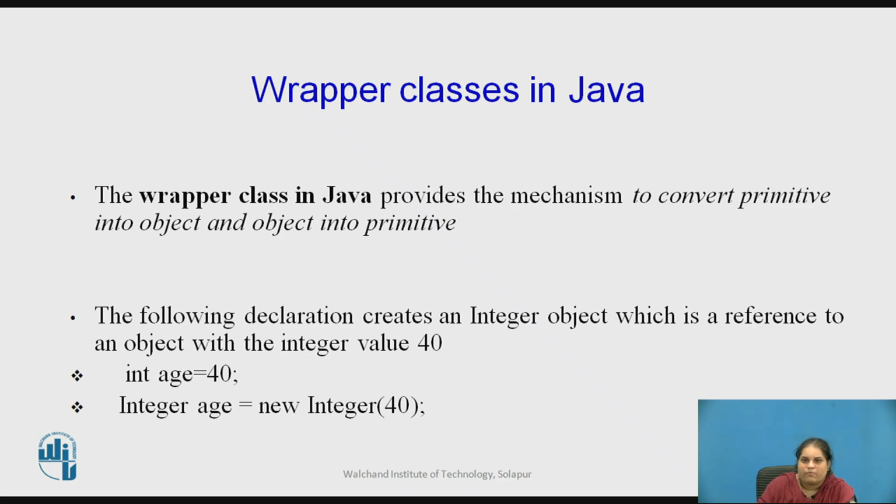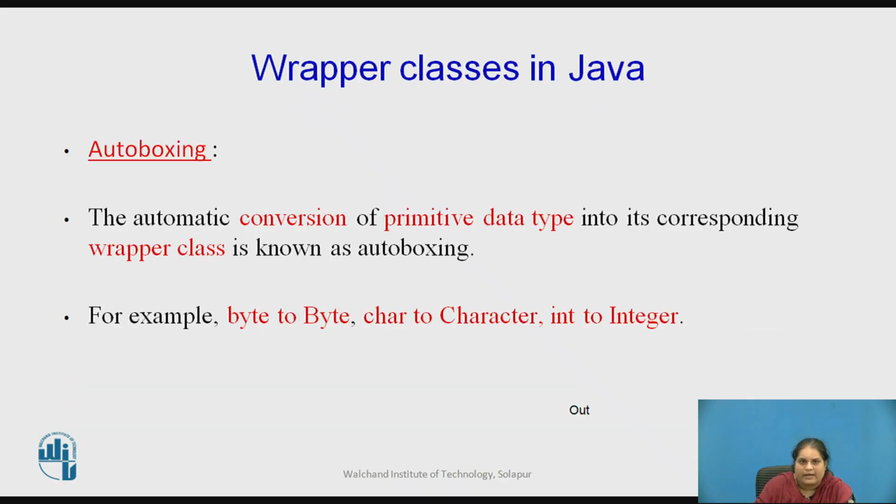Here we pass the value 40. So basically we have the primitive int age = 40, and we convert it into the structure of a wrapper class.